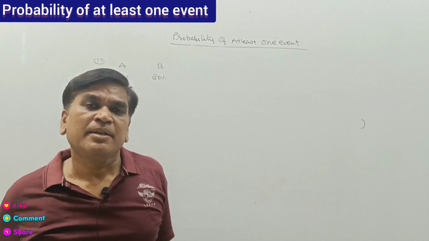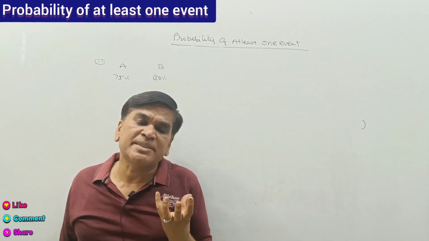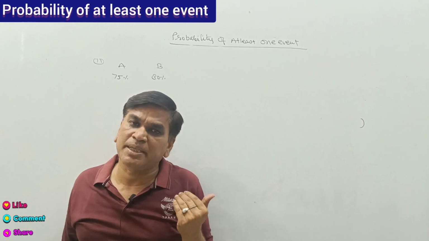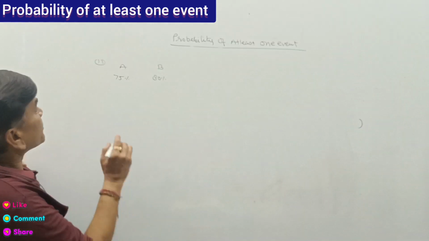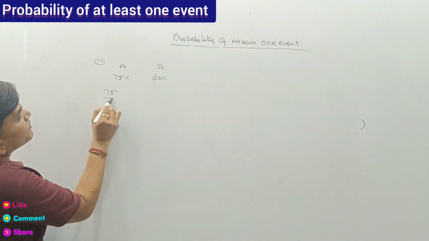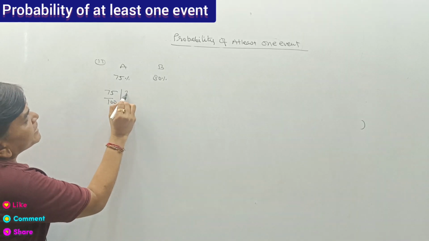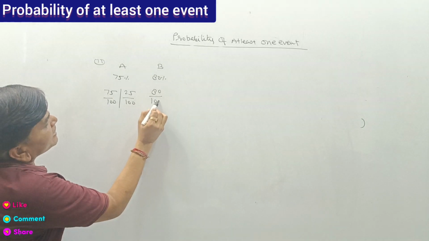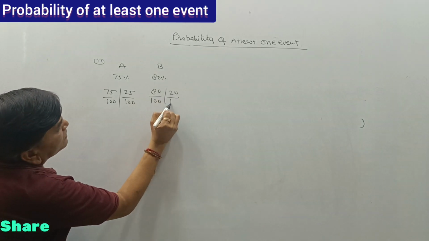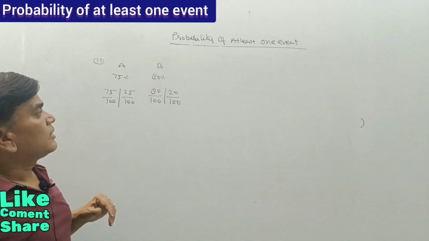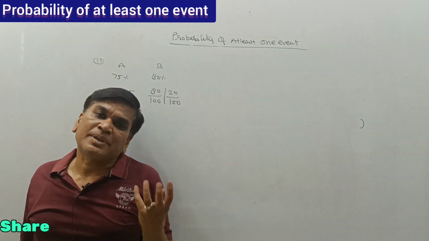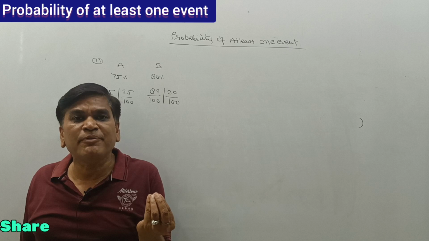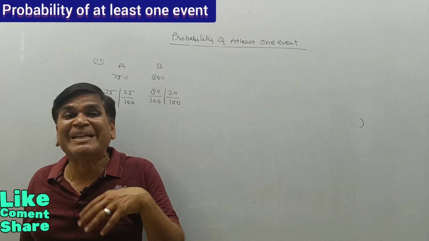It means A speaks truth with probability 75 upon 100 and tells a lie with 25 by 100. Tell the probability that for the same event both will contradict each other.